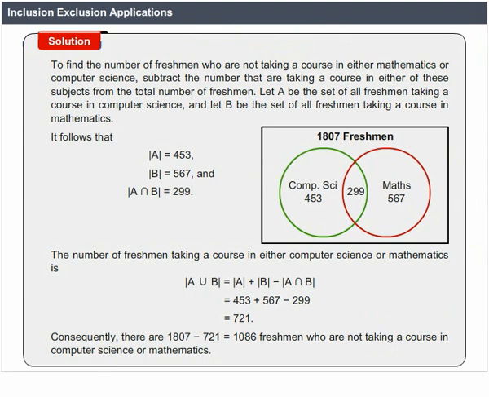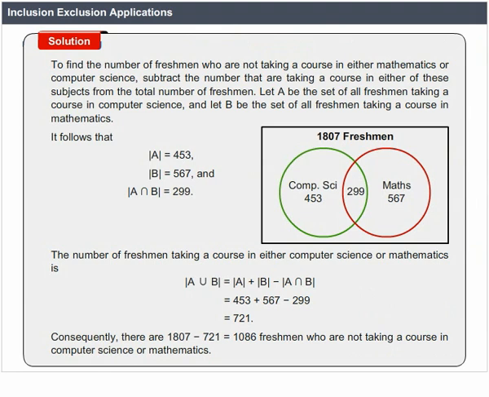Let A be the set of all freshmen taking a course in computer science, and let B be the set of all freshmen taking a course in mathematics. It follows that |A| = 453, |B| = 567, and |A ∩ B| = 299.